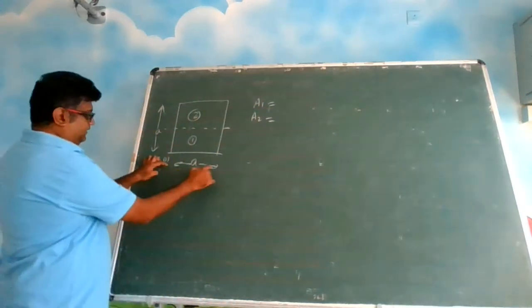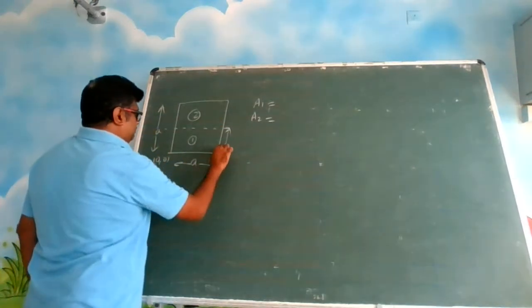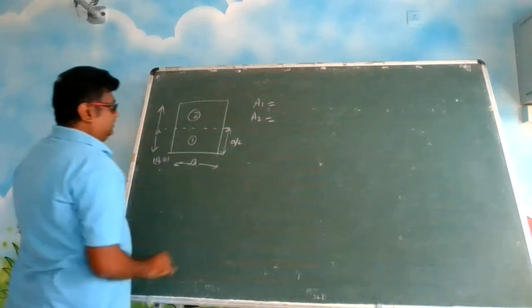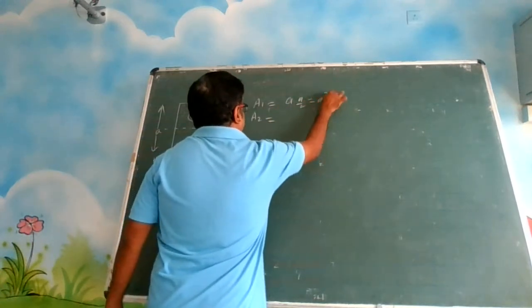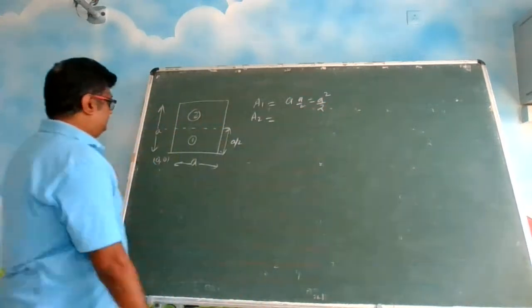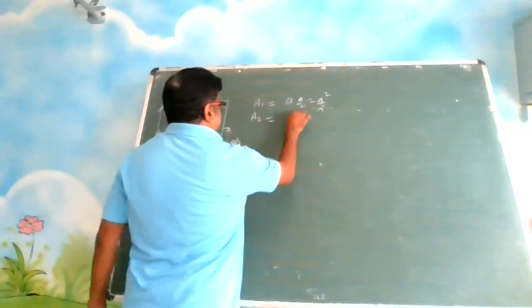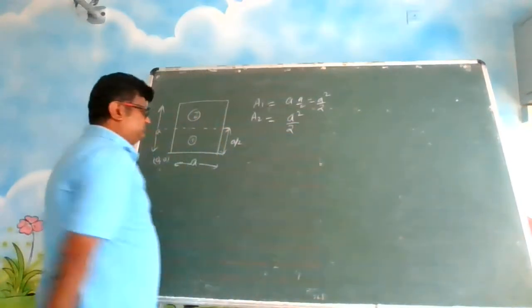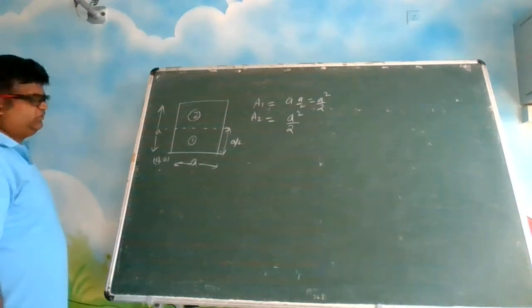A1, A is the length, A by 2 is the width. This will be A by 2. So A into A by 2, it is A square by 2. If this is A square by 2, this will also be A square by 2. There are no big points for guessing that. Okay, so I am not putting all the steps. Now we need to find out x1.